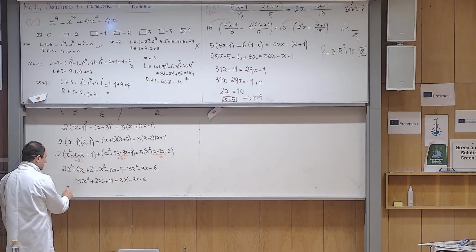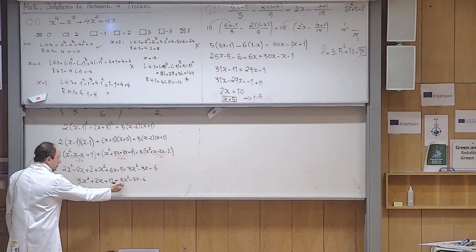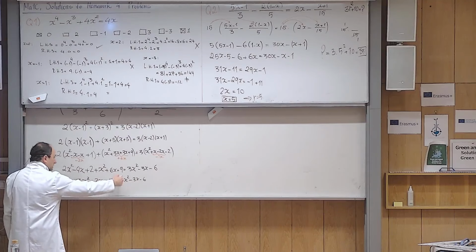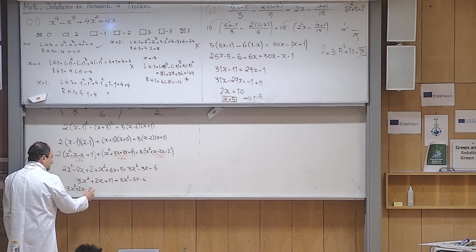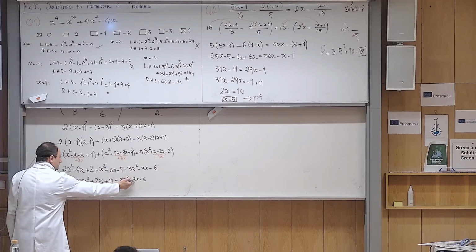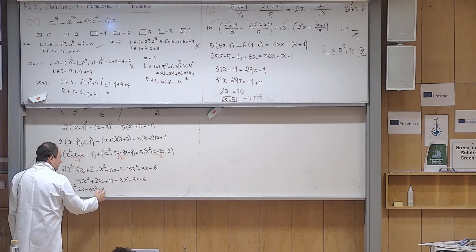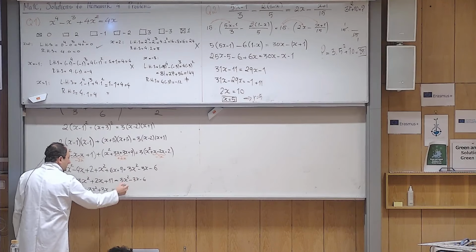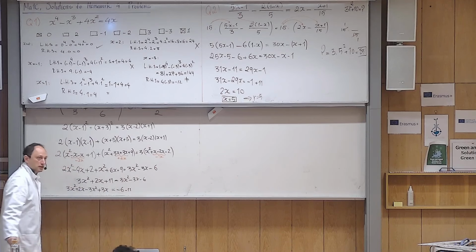So 3x squared includes my unknown. I keep them on the left, but I also need to move these two to the other side. So when I move this to the other side, it becomes negative 3x squared. When I move this to the other side, it becomes positive 3x. And now I have minus 6 here. I move 11 to the other side, it's minus 11.